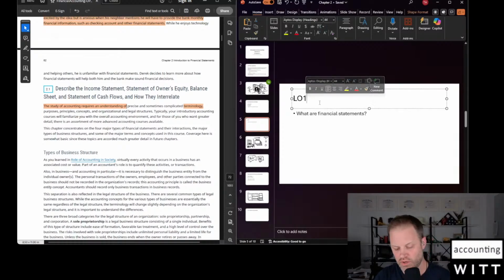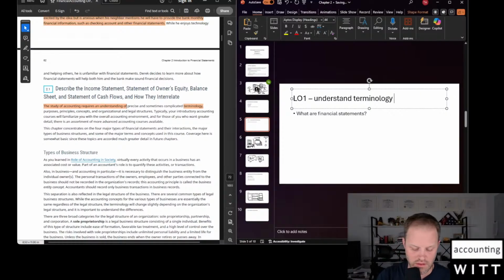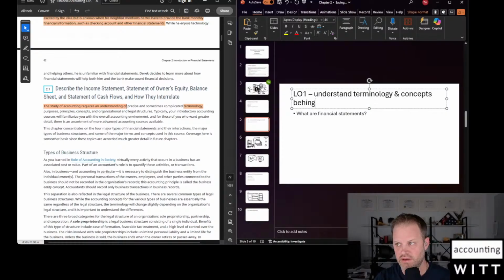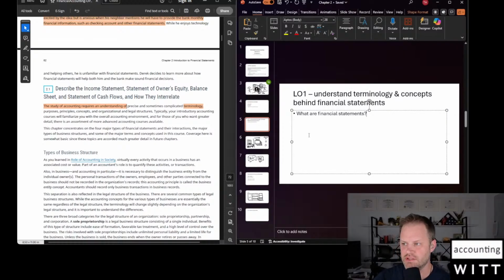Okay, so learning objective 1 is understand terminology and concepts behind financial statements. So what are the financial statements? Well, there are 4 of them.